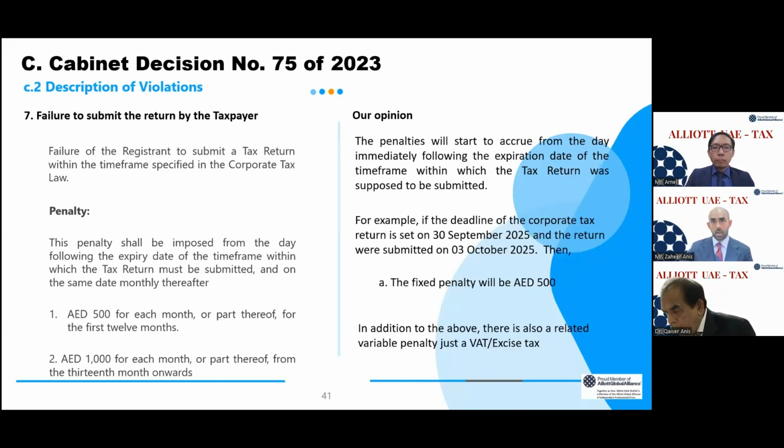For example, if 30th September was the filing deadline, nine months after the start of the financial year on 1st January, and the return was submitted on the 3rd of October, there will be a fixed penalty of 500 dirhams. And similar to the VAT, there may be a variable penalty as well for late payment, perhaps an interest charge that may be applied.